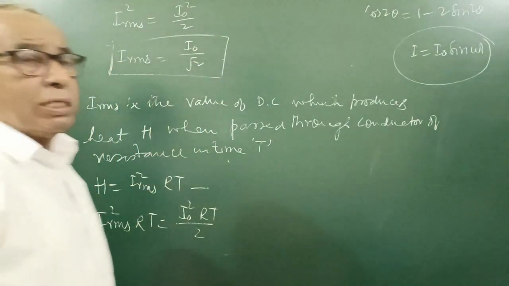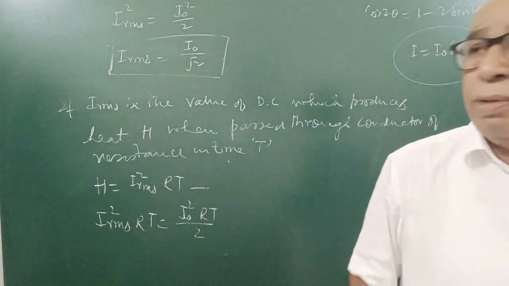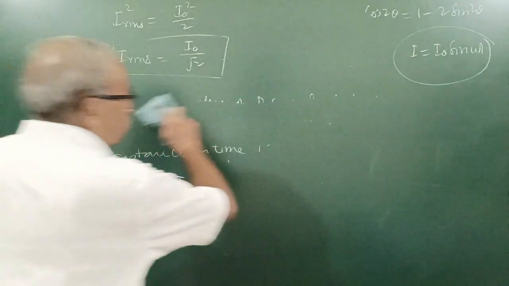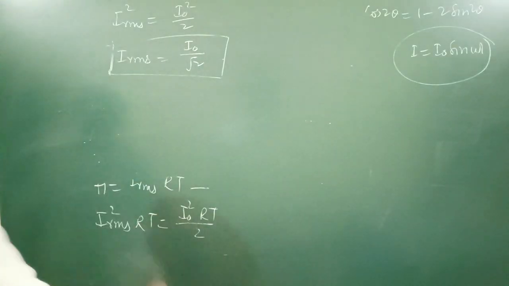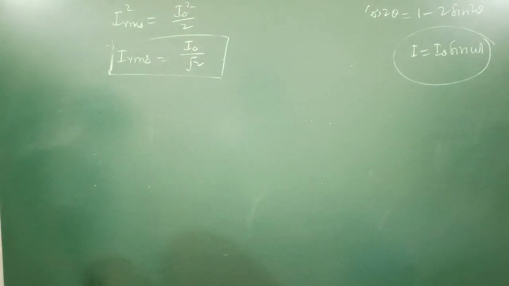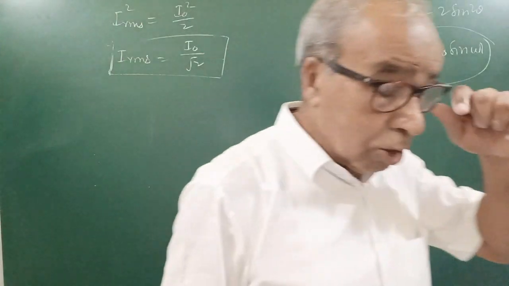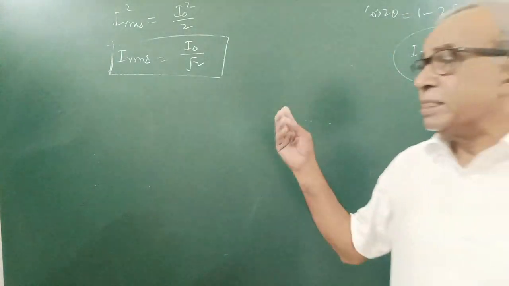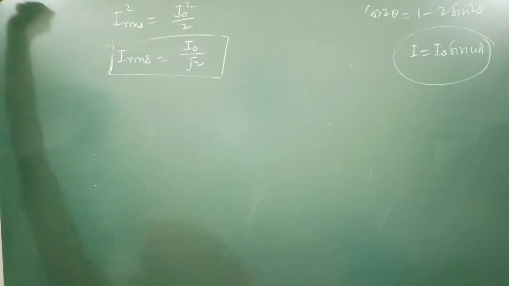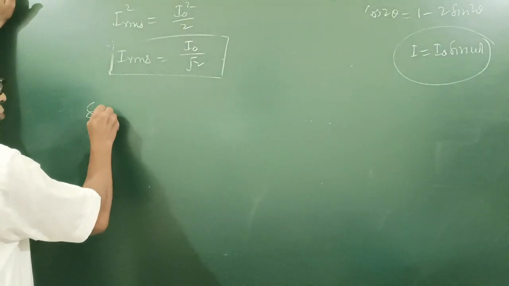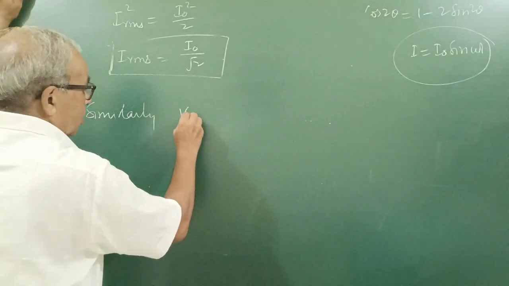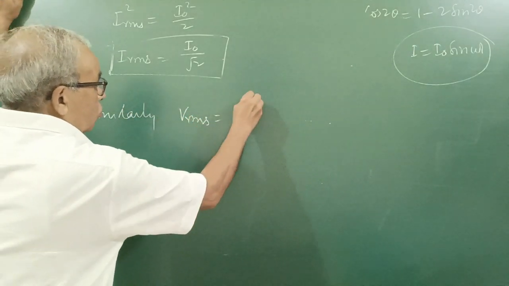Our AC ammeter or voltmeter measures the RMS value, not the peak value. So if you are asked to find the current in a circuit, it means you are asked to find the RMS value. When in any problem you are asked to find the current drawn by the conductor, you need IRMS. Similarly, VRMS is also V0 by root 2.